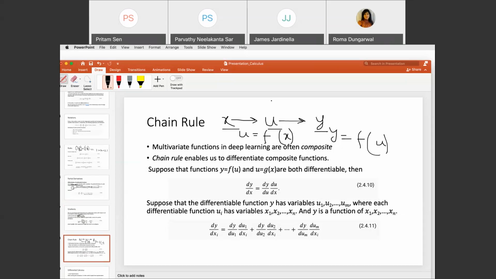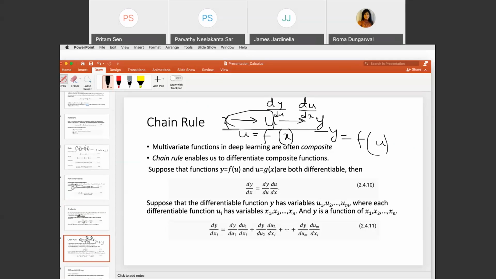So it will be presented as dy du. That means a change in u makes some change in y. And we may want to calculate the change in u with respect to x. So we can present it like du dx. Separately we can calculate this one and this one.